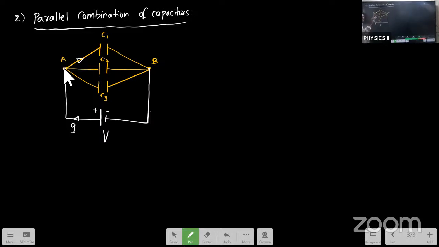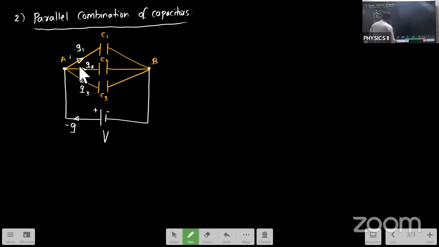Assume that the charge flowing through C1 is Q1, the charge flowing through capacitor C2 is Q2, and the charge flowing through capacitor C3 is Q3. So what is the total charge? Q is the total charge, and this charge Q is getting divided into three charges, Q1, Q2, Q3, flowing through the capacitors C1, C2, C3.